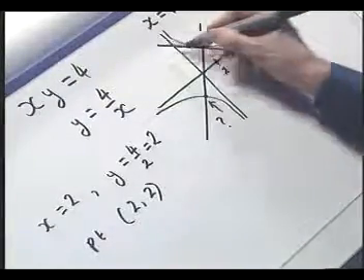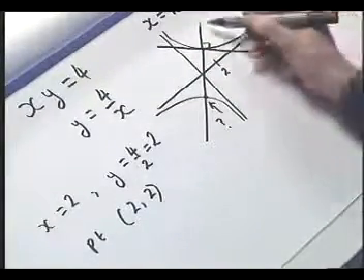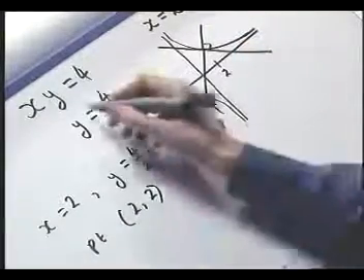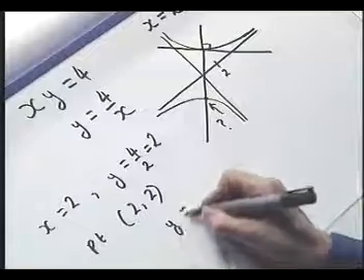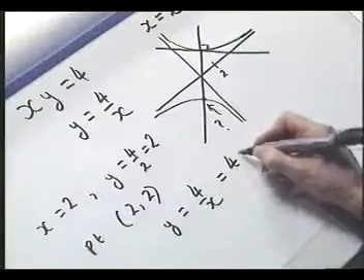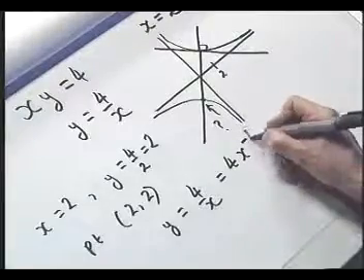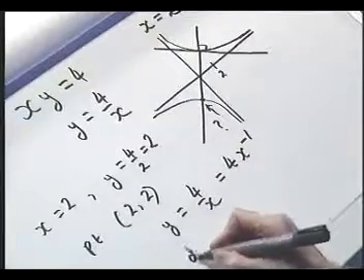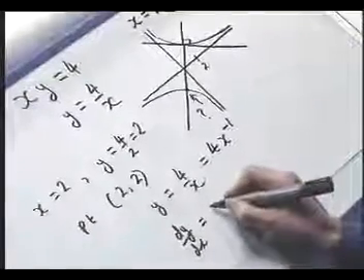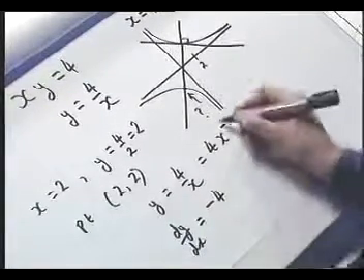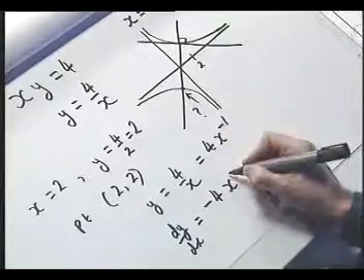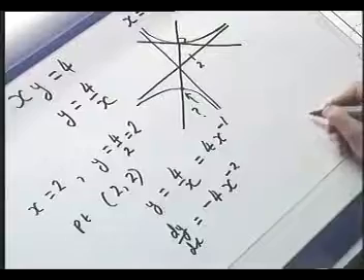Next, we want the gradient of the tangent in order that we can find the gradient of the normal. So here we have y equals 4 over x, which is 4 times x to the minus 1. So I'll differentiate that. dy by dx equals minus 4 multiplying by the minus 1, and then taking 1 off the index, that gets it to be minus 2.